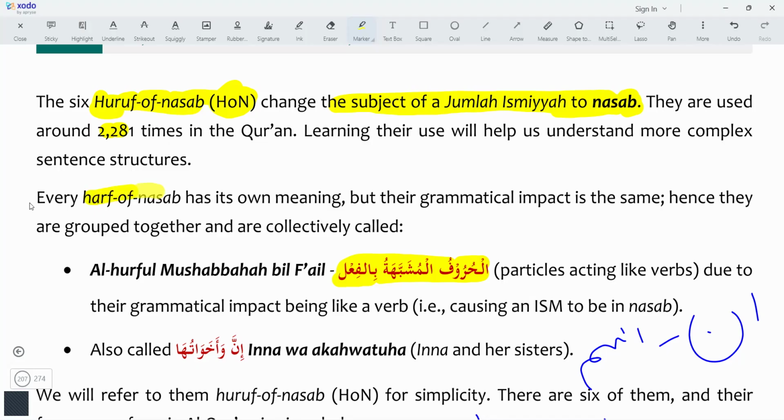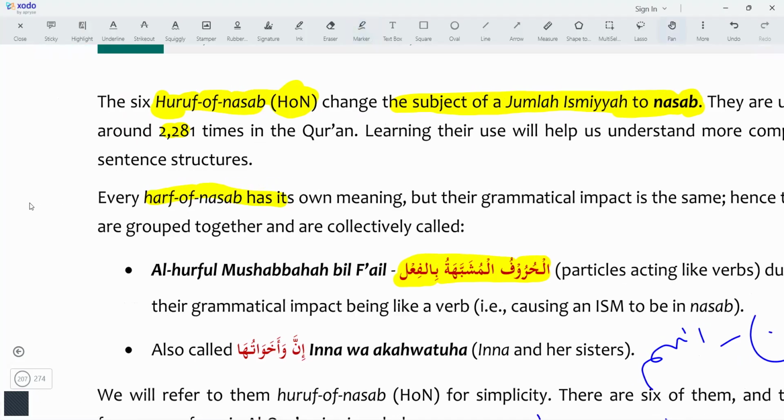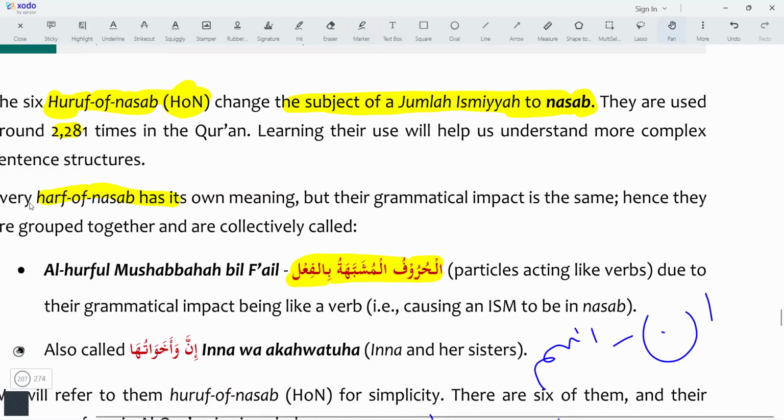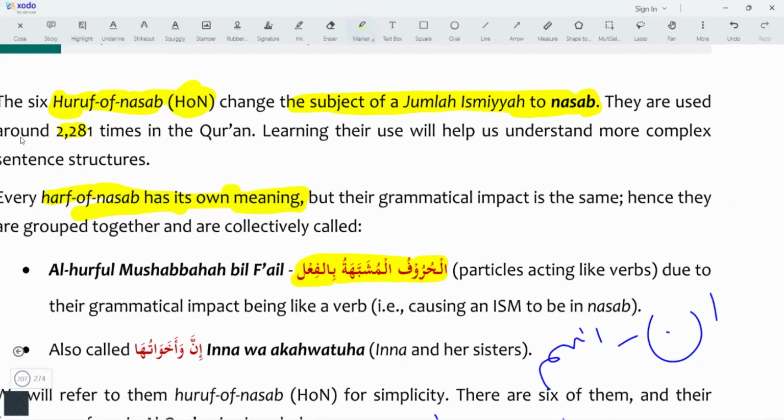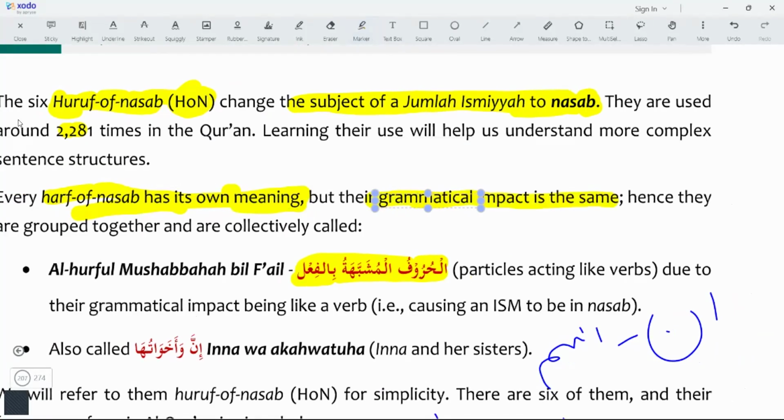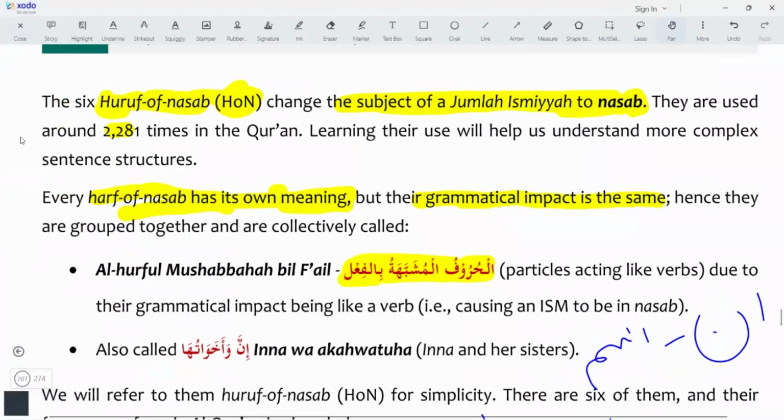Every harf of nasab has its own meaning.